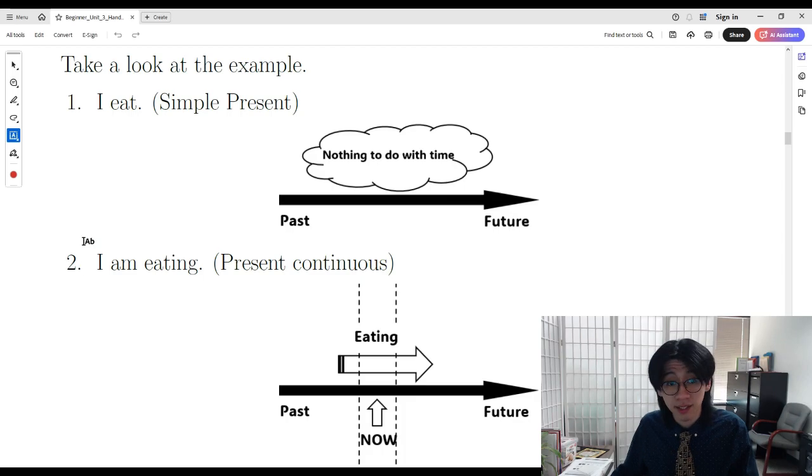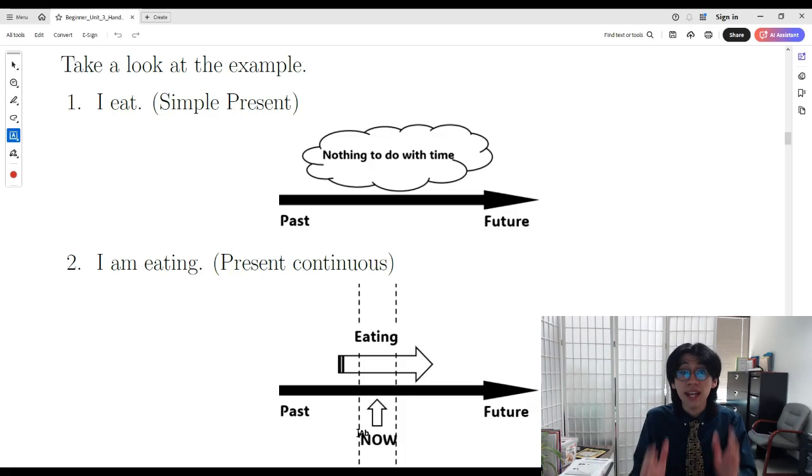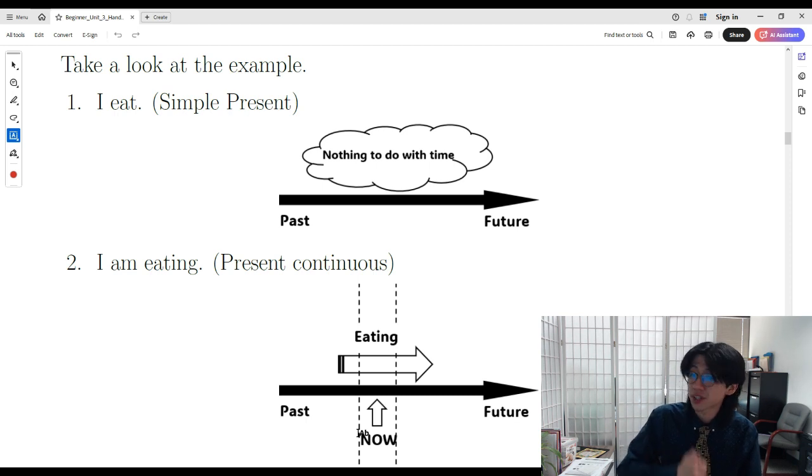Versus if you take a look at number two sentence, we have I am eating, which is present continuous. So right now can be different within the context. For example, right now at 12:53 p.m. and 24 seconds, boom, that is also now.